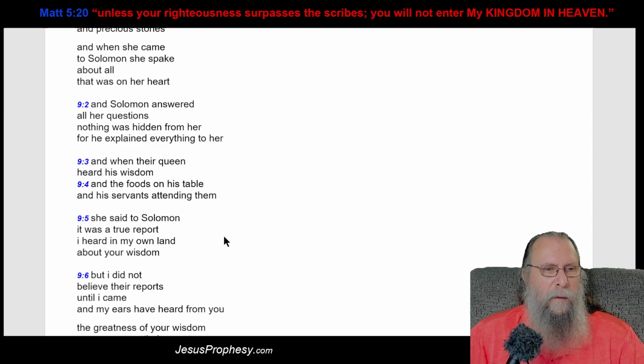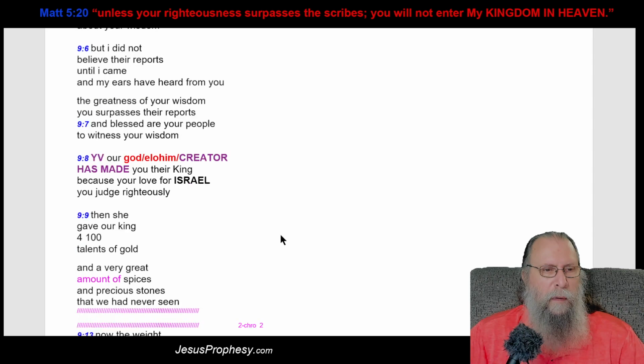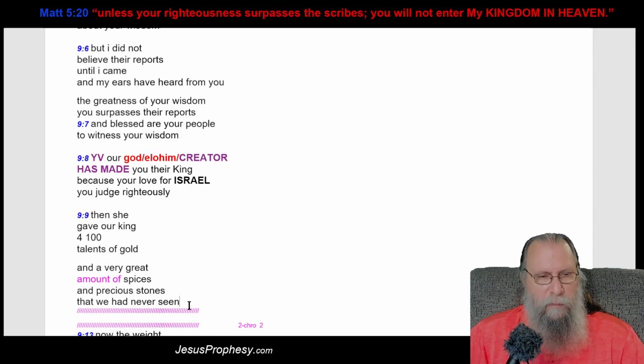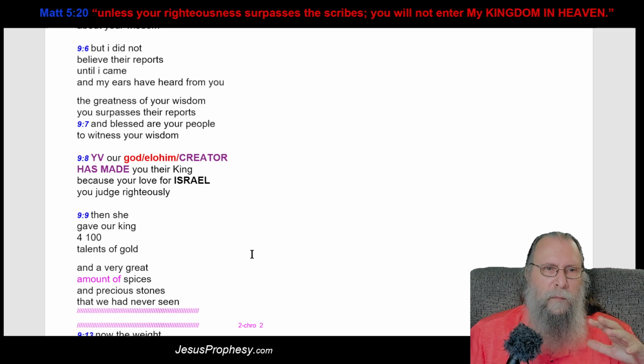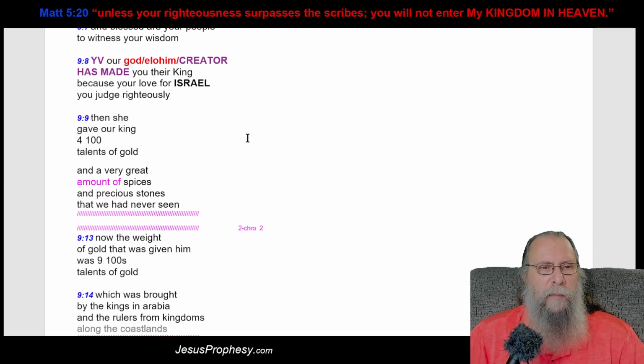So I'm reading, yeah, we had never seen before, or precious stones we had never seen before. Amount of spices and precious stones. So both of these they had not seen before. So this is why it's located there. It'd be the quickest trade route, and it would have been the most common area to have all these. And she being the queen of that area, that she would be able to have access to bring great amounts with her.